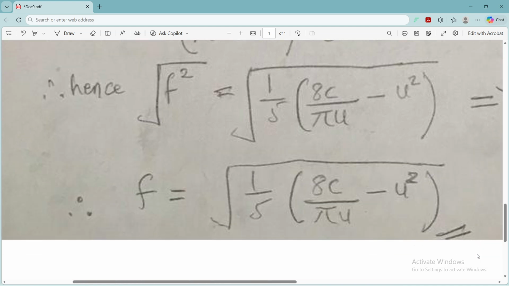So therefore our f equals the square root of the fraction 1 over 5 multiplying the fraction 8c over pi u minus u square as our final answer.